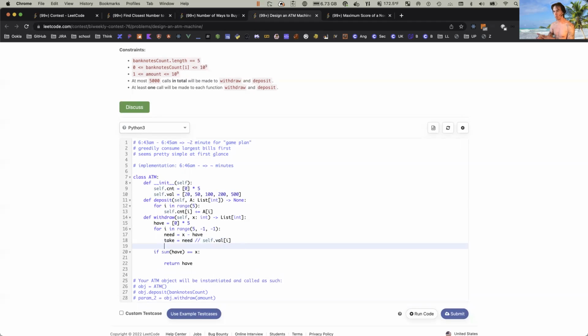This quantity that we will take. X. Am I going to reduce x? Yes, to reduce x: x minus equals take times self.val[i]. That's how many we can take of that denomination.